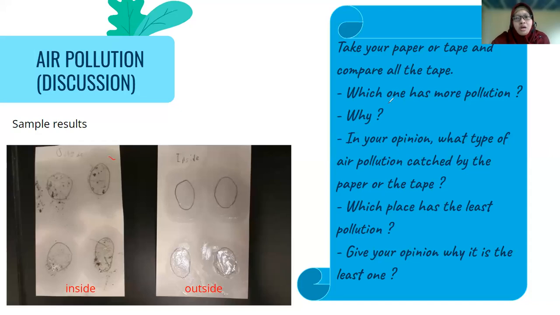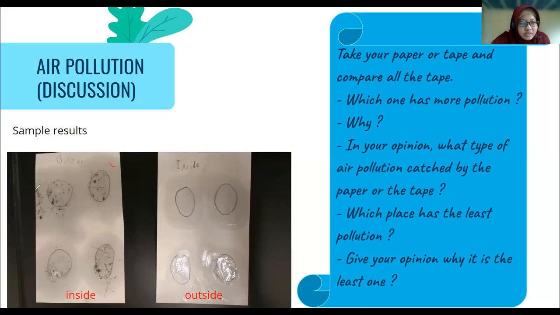This one is supposed to be outside, and this one is supposed to be inside. I will fix the PowerPoint after this. So this is inside, and this is outside. I accidentally switched them.